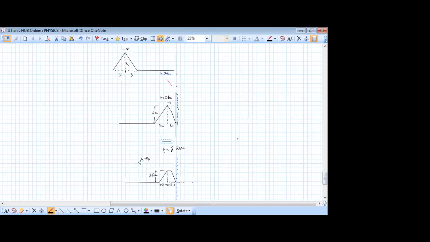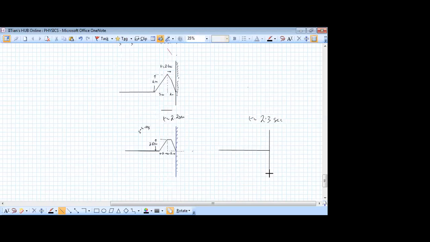And then you will see that at t equal to 2.3 seconds, they would have completely overlapped. So it will look like this. It's pure kinetic energy.